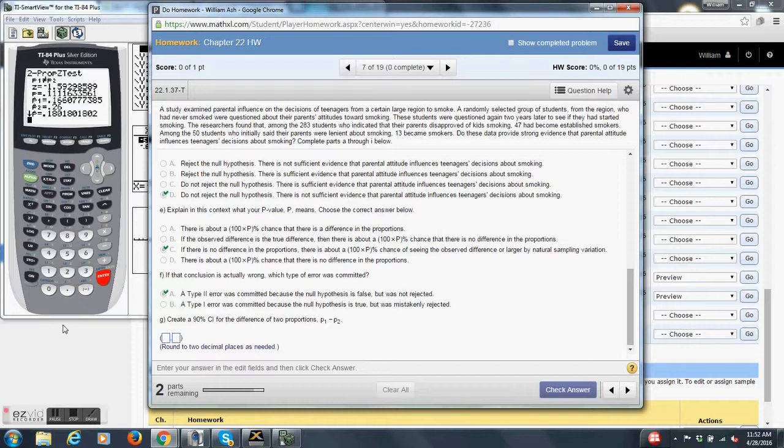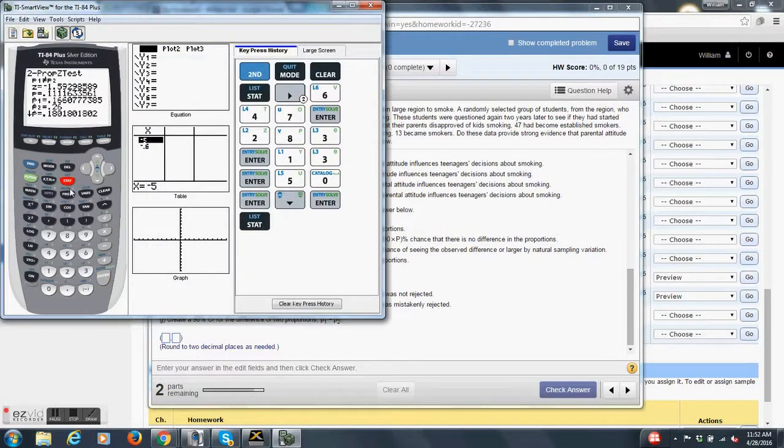Good. Now they want a 90% confidence interval, and we should have the same conclusion. Again, it's actually pretty user-friendly when you get into here. So I've got to have a confidence interval for 2 proportions? There you go. I had 1 proportion Z interval. Now I'm doing 2 proportion Z interval. Put in the same stuff.